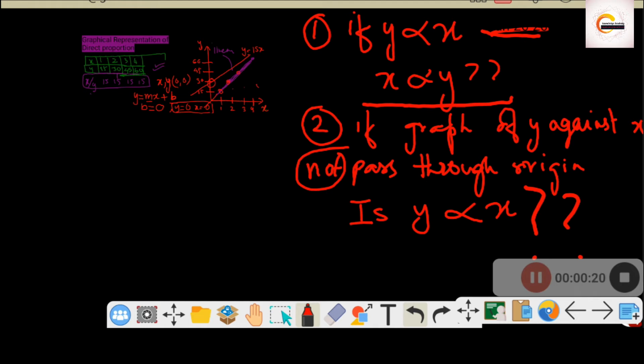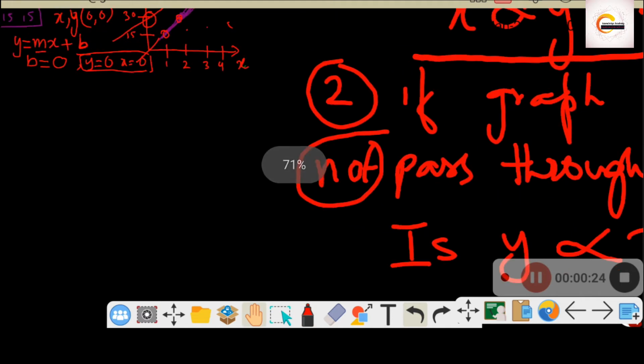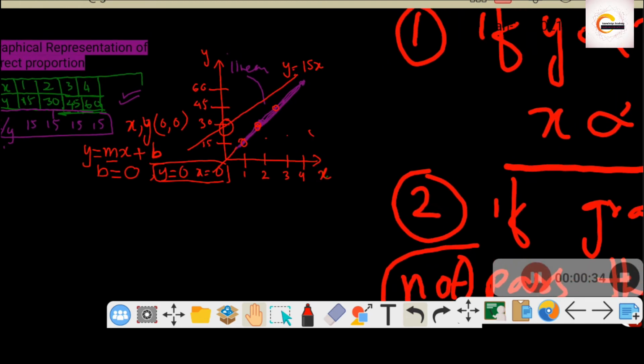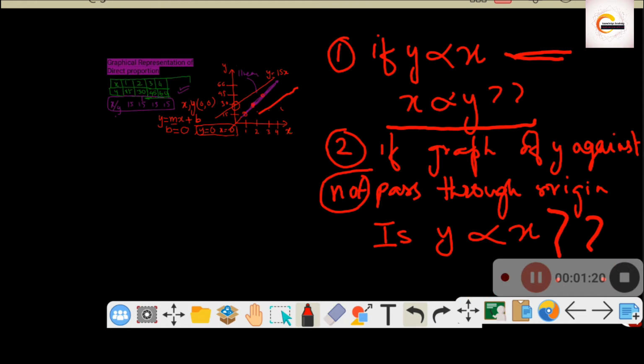Why yes here? Because we can see from the graph and from our data that as the value of x is increasing, the value of y is increasing. X is directly proportional to y. But in general, it is not necessary. Why? Because we know our formula, y is equal to kx.